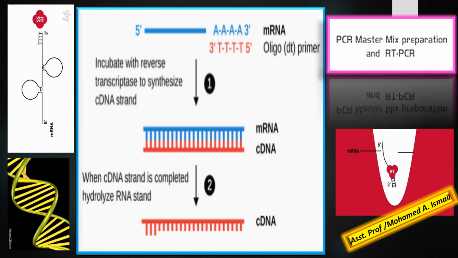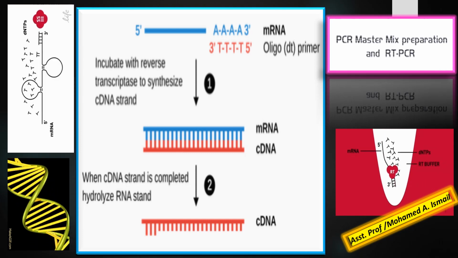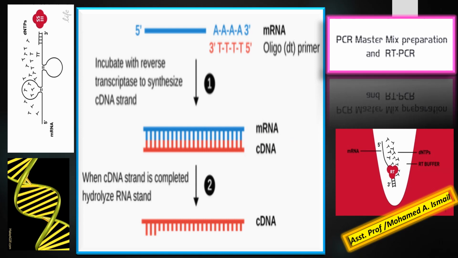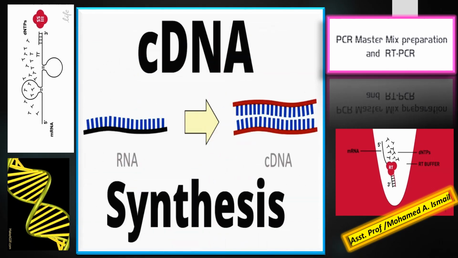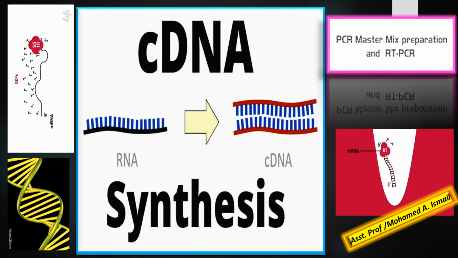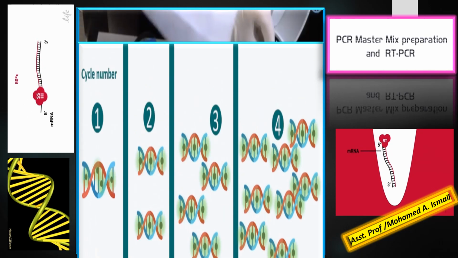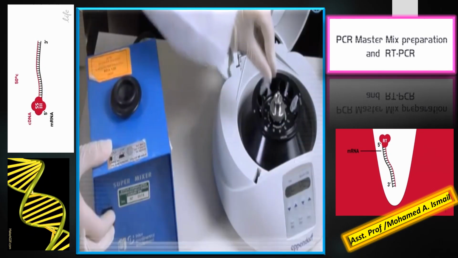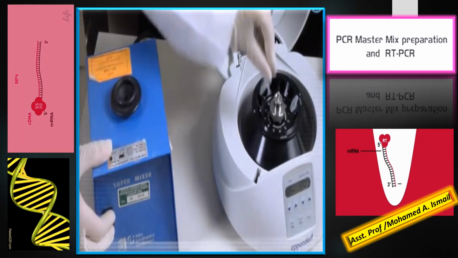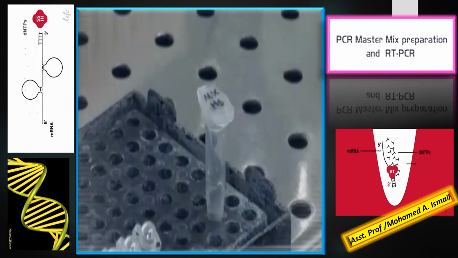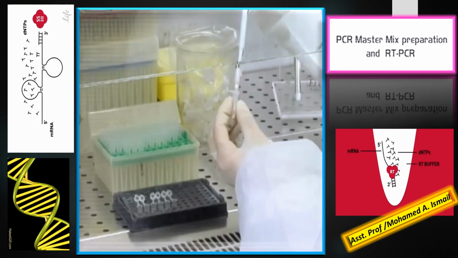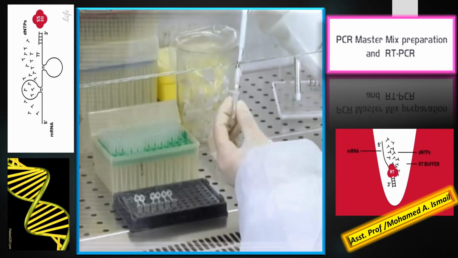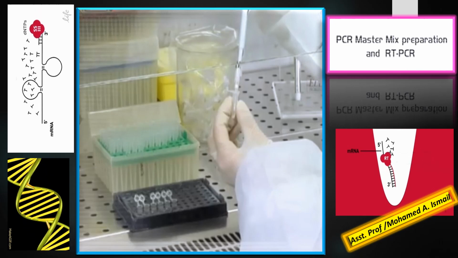Distribute the single reaction mixtures into each sterile PCR tube and keep the tubes on ice. If the mix contains fluorescent probes, remember to keep the tubes in the dark to prevent fluorescence degradation.